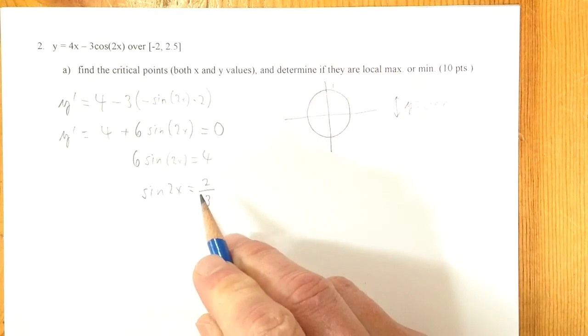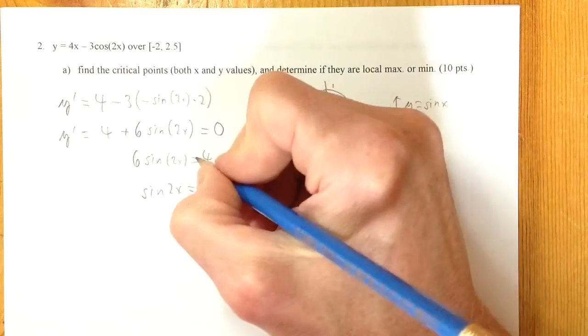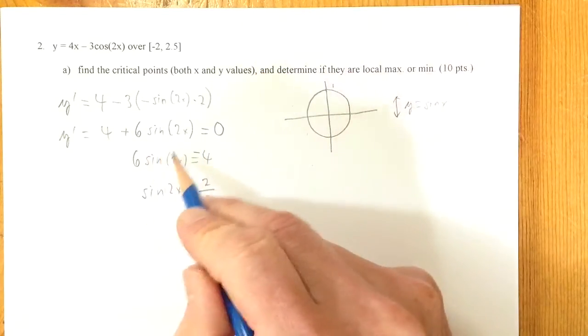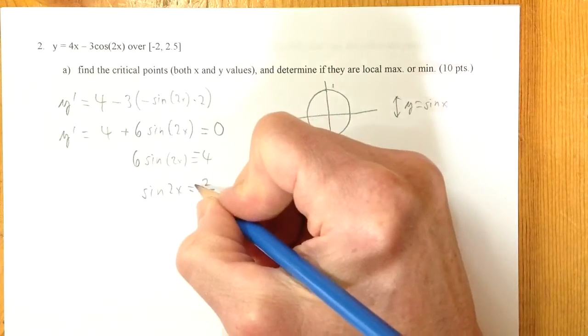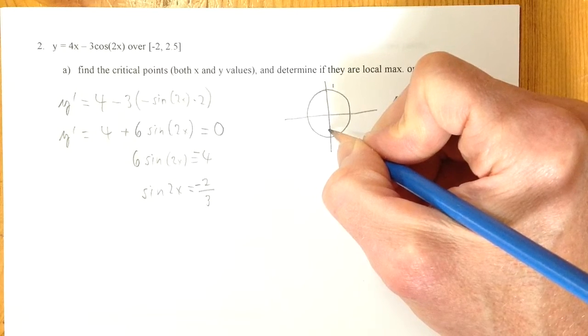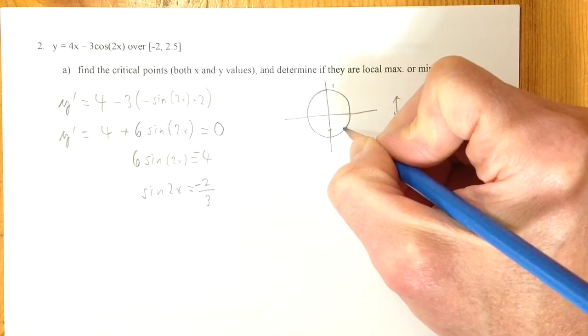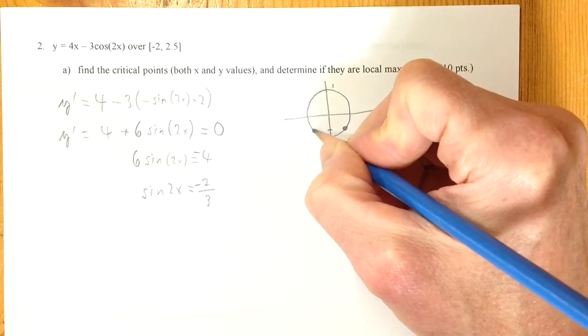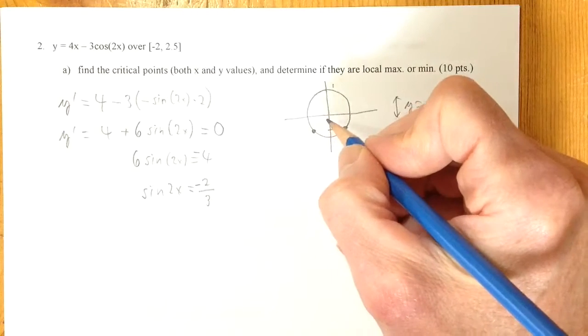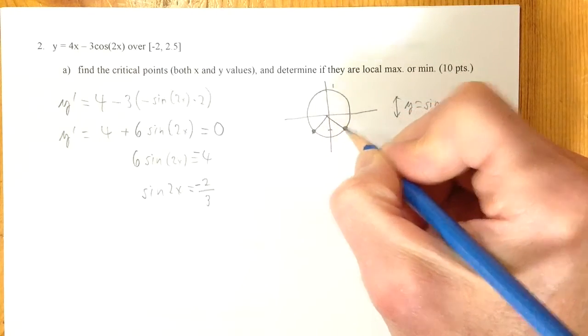We want to be, oh, it should be negative 4, huh? Phew, glad I caught that. 6 sine of 2x is negative 4, so actually it's negative 2/3. Negative 2/3 is down here. So there are 2 places. There's going to be this one, and there's going to be that one. There are 2 places where the sine of 2x is negative 2/3. Okay, those 2 places.